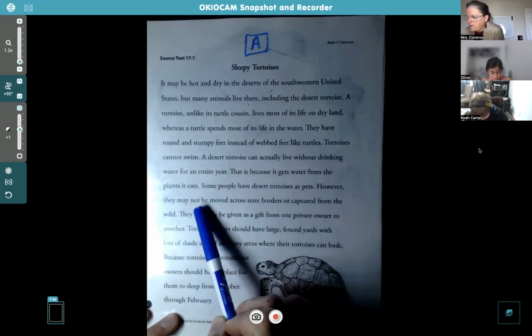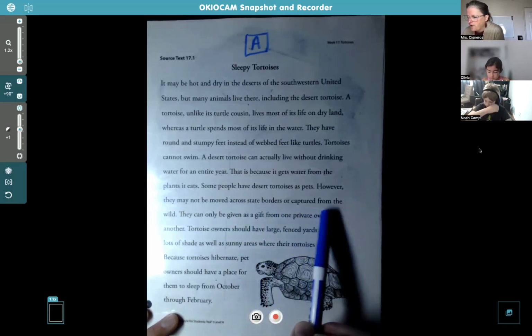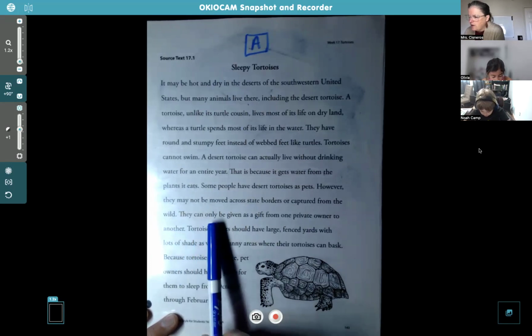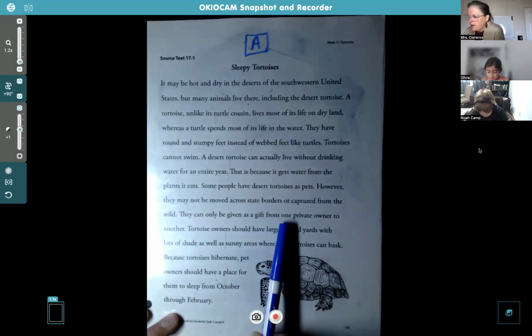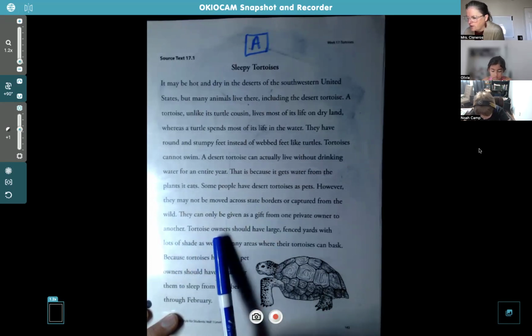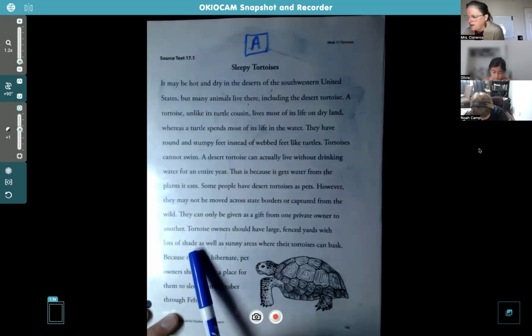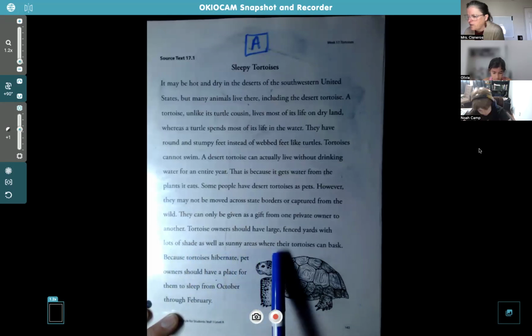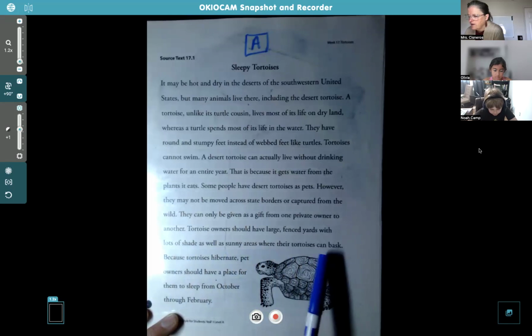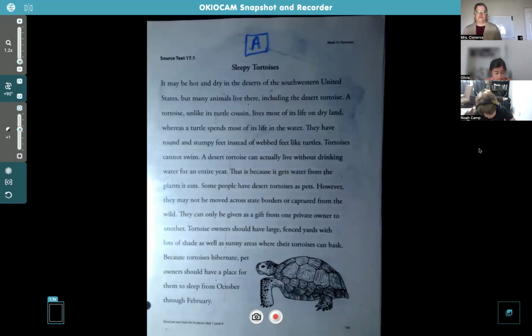However, they may not be moved across state borders or captured from the wild. They can only be given as a gift from one private owner to another. Tortoise owners should have large fenced yards with lots of shade, as well as sunny areas where the tortoises can bask. Because tortoises hibernate, pet owners should have a place for them to sleep from October through February.